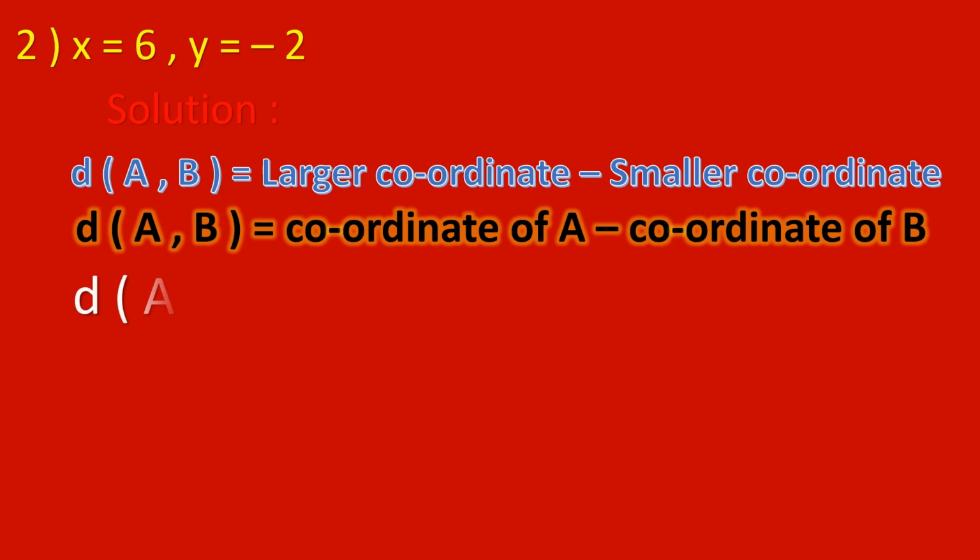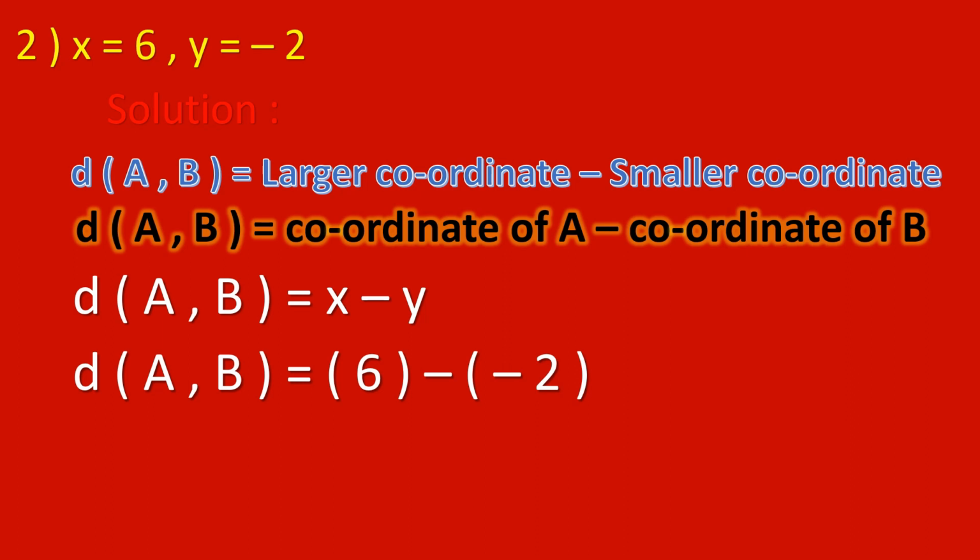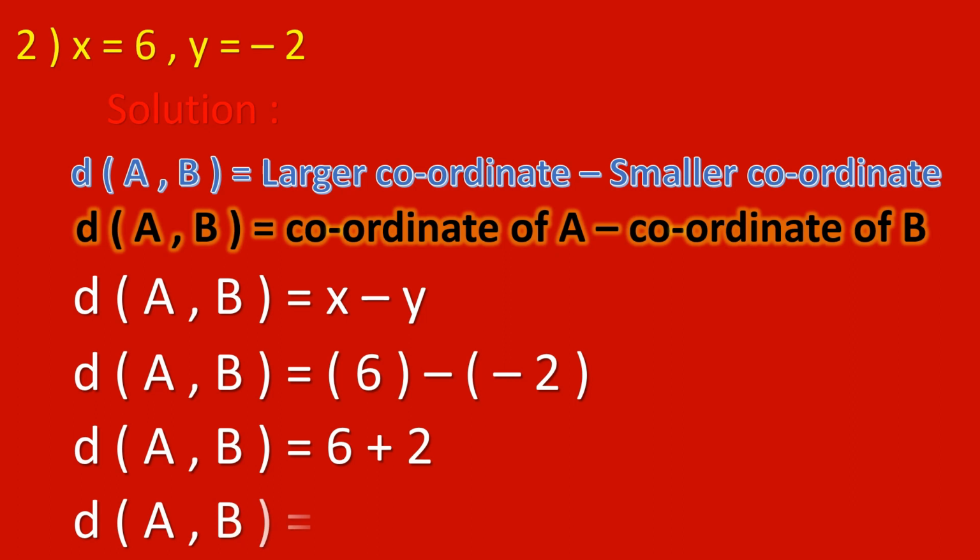So coordinate of A minus coordinate of B, which can also be written as x minus y. So distance of AB is equal to x is 6 and y is minus 2. Therefore 6 minus of minus 2, which further gives us 6 plus 2. So distance of AB is equal to 8.